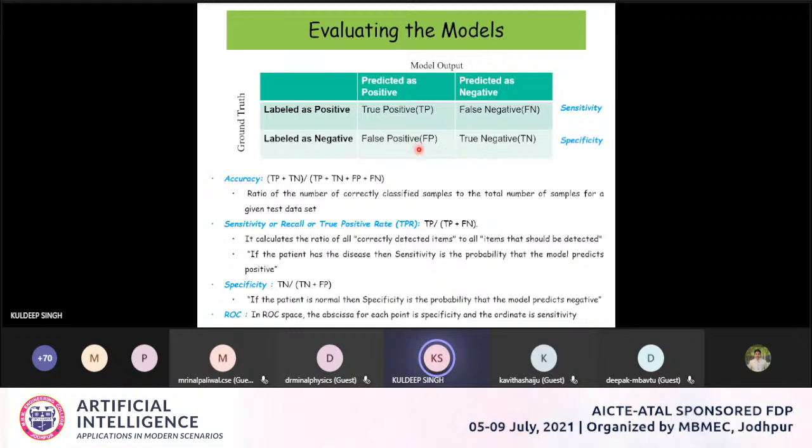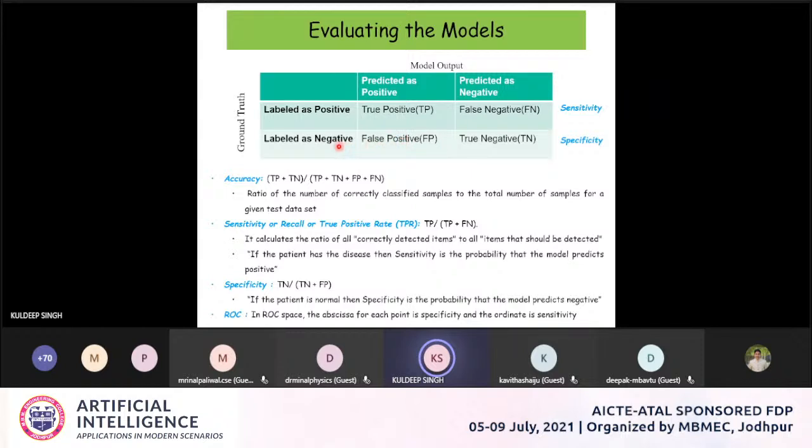The rest of the other two, where we have contradictory results, like labeled as positive but the model is predicting it as negative, and the opposite case, it is labeled as negative but the model has predicted it positive.